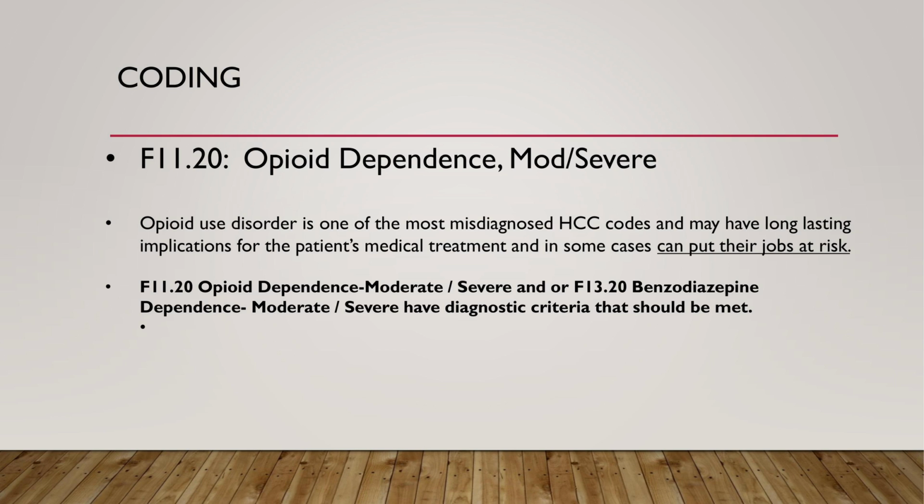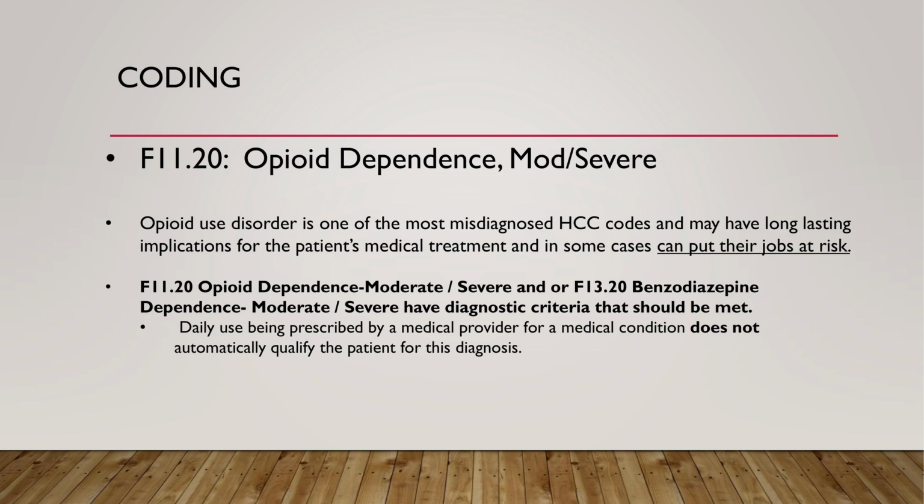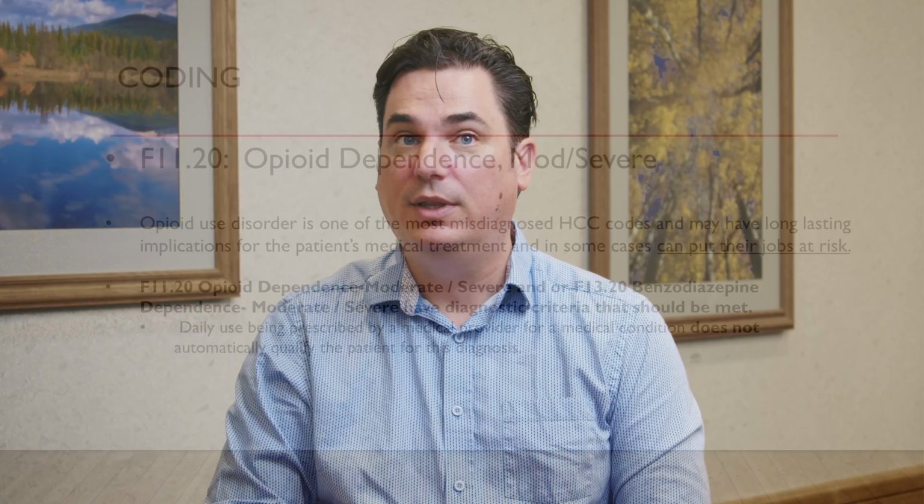This code would not be appropriate for someone you're prescribing opiates to for a chronic pain issue. This code should only be used for someone who you're treating with opiate use disorder. And that's a common source of confusion. And again, if you use this code inappropriately for someone who's being treated for chronic pain, that can have long-lasting issues with them getting life insurance or getting a job.